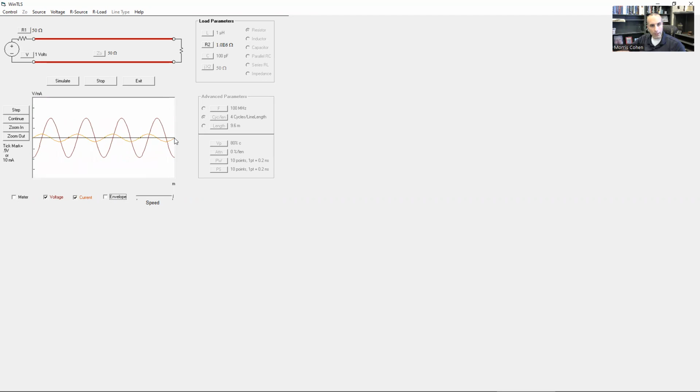All right, so let's start by focusing your eyes right on the load point. At the load point, you'll see that the voltage is changing by a lot, but the current is not changing at all. That makes sense because an open circuit should not allow any current. So there we've got an input impedance that's very high.